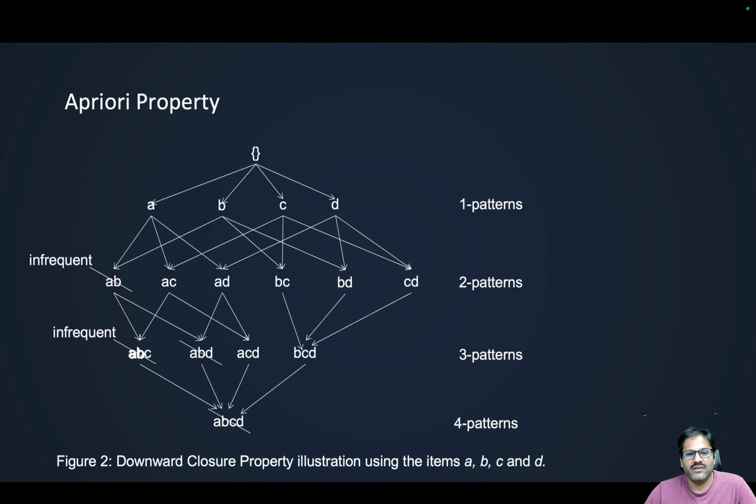So in the lattice, if an item set AB fails the test, we don't need to go down. We can simply say that all the supersets of AB simply fail. So this way we can reduce the huge subspace.